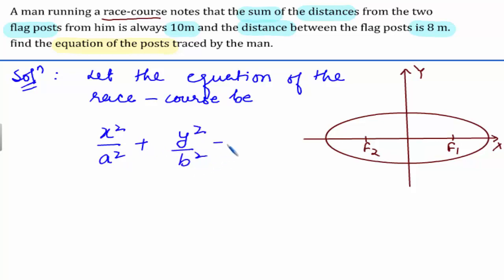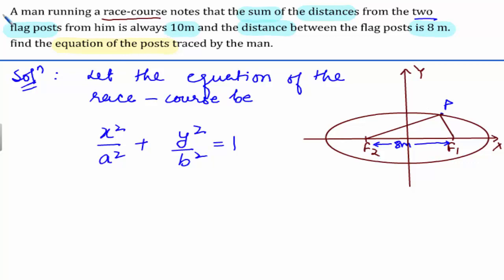Now in this figure, let F1 and F2 be the two flag posts such that the distance between them is 8 meters, and let P be the point from which the man is noticing such that the distance PF1 plus PF2 is equal to 10 meters.